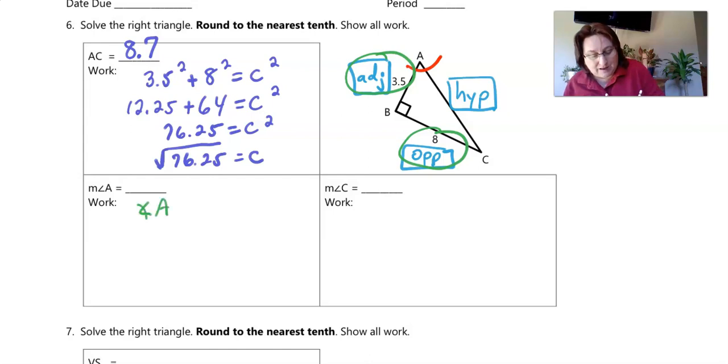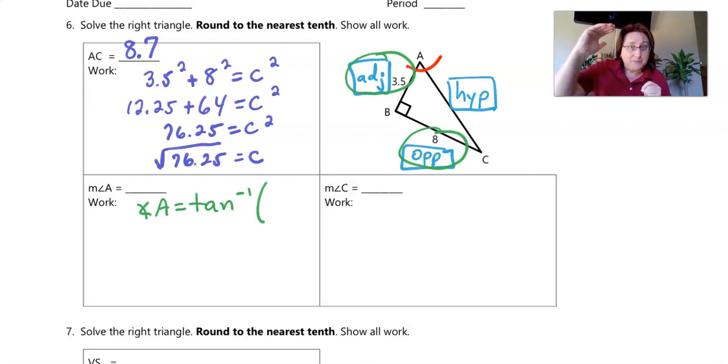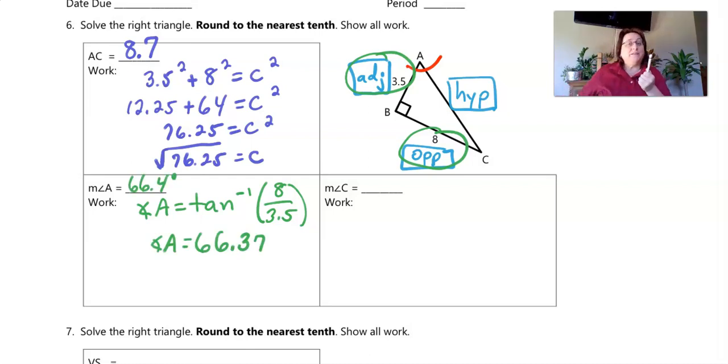Angle A equals the inverse tangent of opposite over adjacent. So 8 over 3.5. All right, superstars, put that in your calculator and tell me, what do you get for the measurement of angle A? All right, you should have gotten that the measurement of angle A is 66.4 degrees.